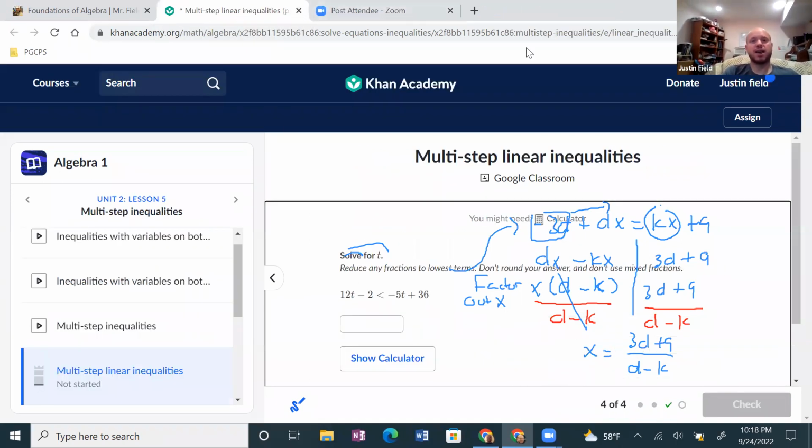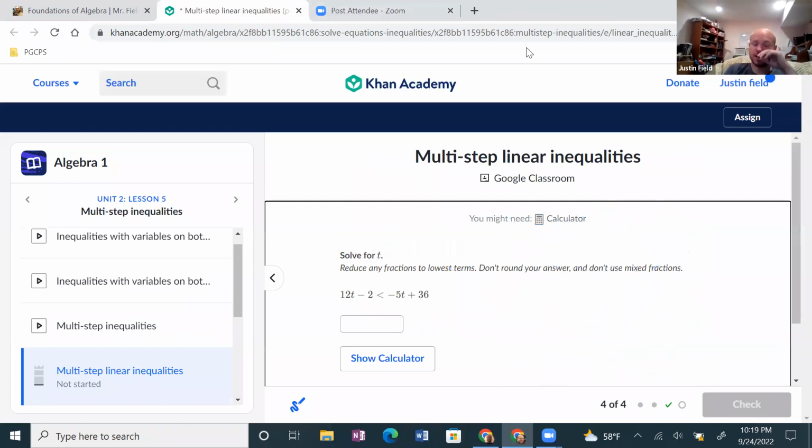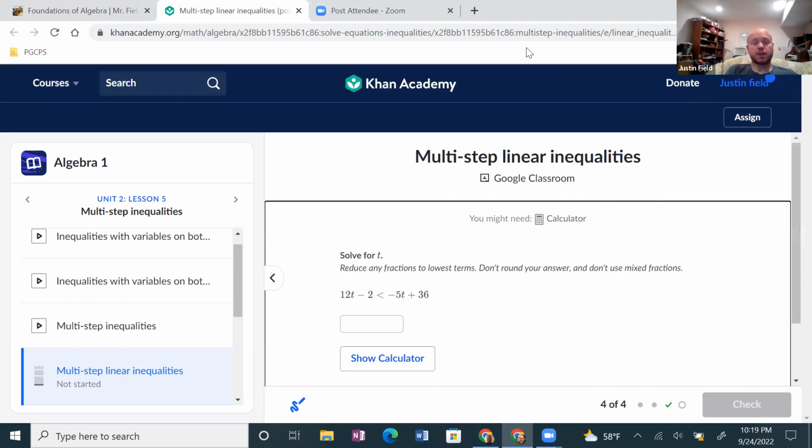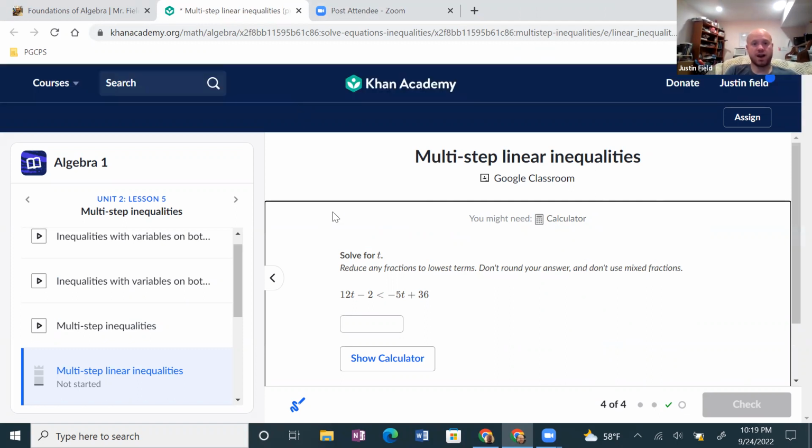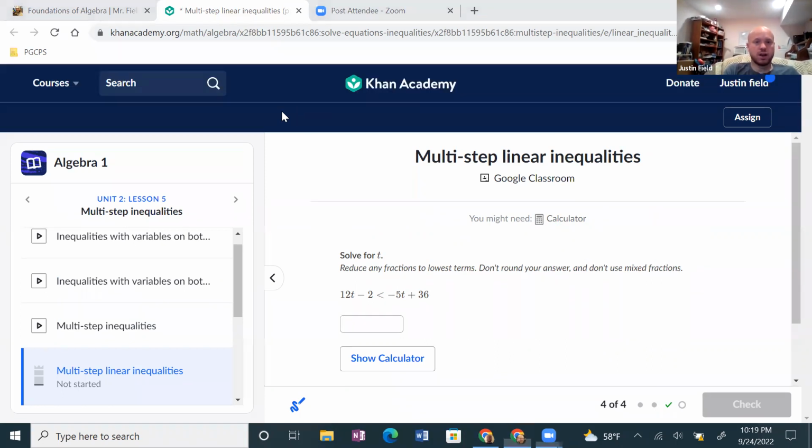And the last thing I shall show you tonight is a multi-step linear inequality. Don't be scared. It's just the same as an equation with one caveat. And let's write that down. The inequality caveat.